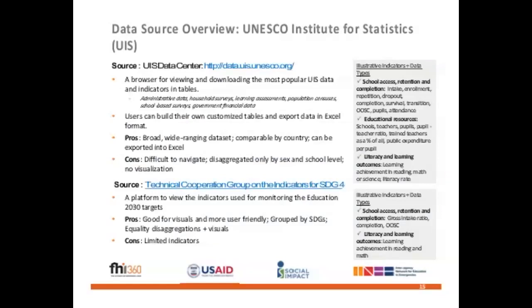So another good data source for viewing UN data is the Technical Cooperation Group on the indicators for SDG 4. So this is a platform for viewing SDG indicators that pulls from UIS data directly. And I also have a screenshot of this data source.